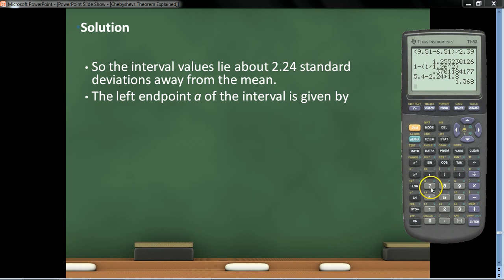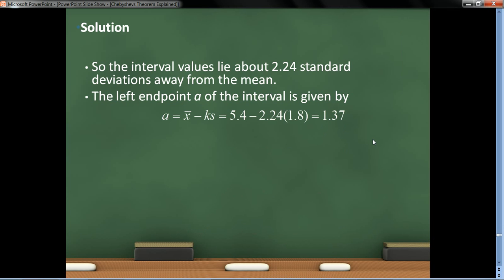There we go. So what do we get there? About 1.37 if you round that to 2 decimal places. So there it is: x-bar minus K times s. Remember, we're using sample statistics here.